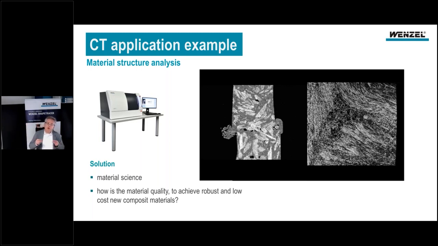In this application, we see that the parts differ in density. So we do have a microstructure in the part. These are composite parts, for example. And if we look inside, then we see if the material will fit as it should, as it's designed.